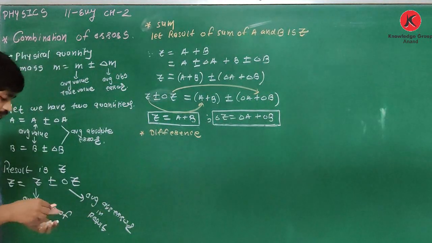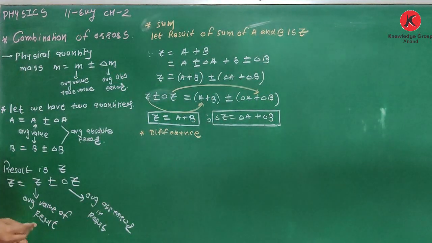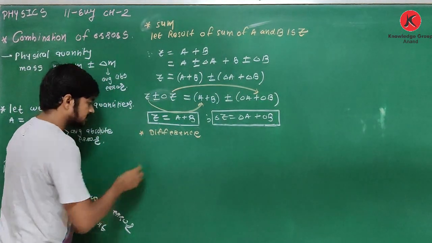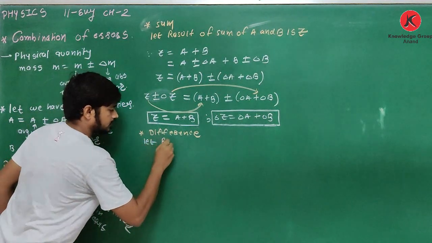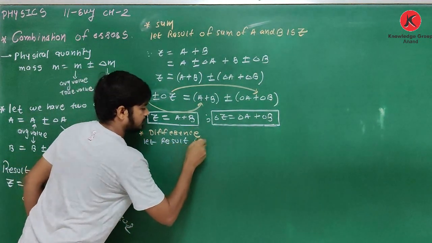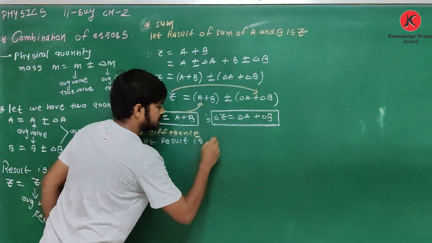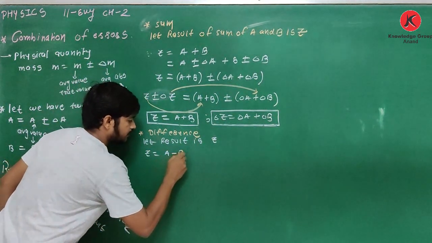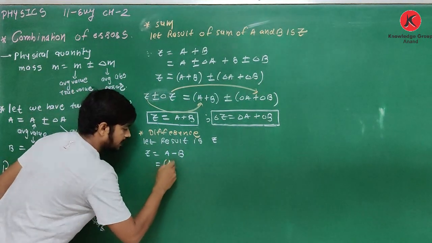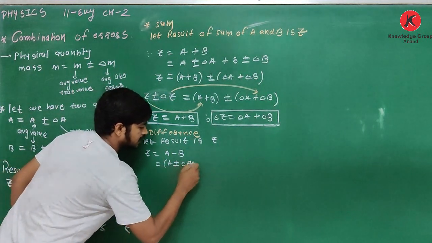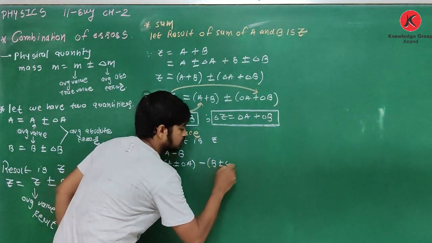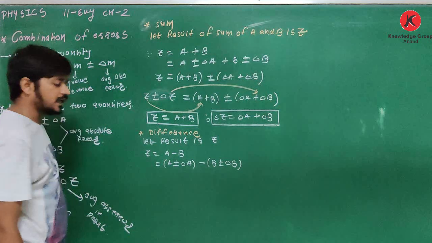Okay, if we perform A minus B, let the result of the difference of A and B again be Z. Then how to write? Obviously, Z is equal to A minus B, is equal to A plus or minus delta A, and B is B plus or minus delta B. Clear about this?